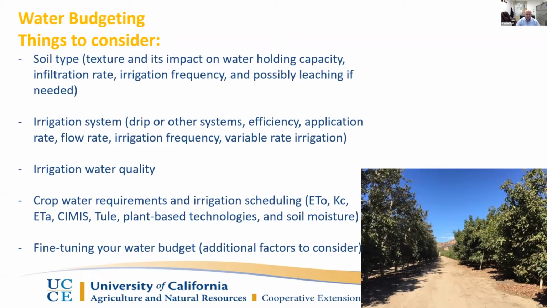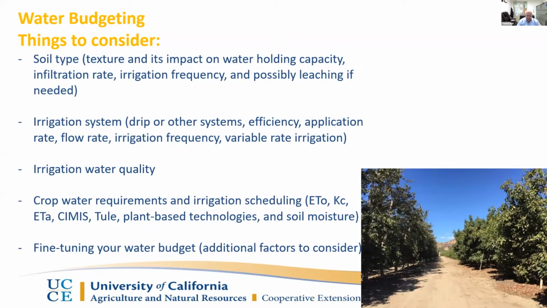Now, when it comes to determining crop water requirements and irrigation scheduling, there are plenty of methods available out there. Some are based on estimates, like using the reference evapotranspiration, ETo, and the crop coefficient. That's basically the simplest method and hardly costs anything, because you can get that information from DWR and from so many other resources.